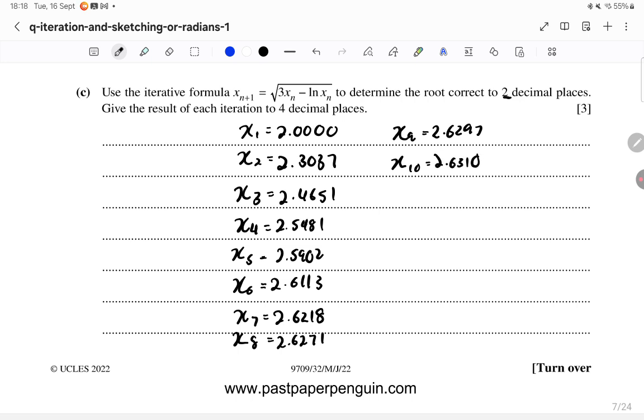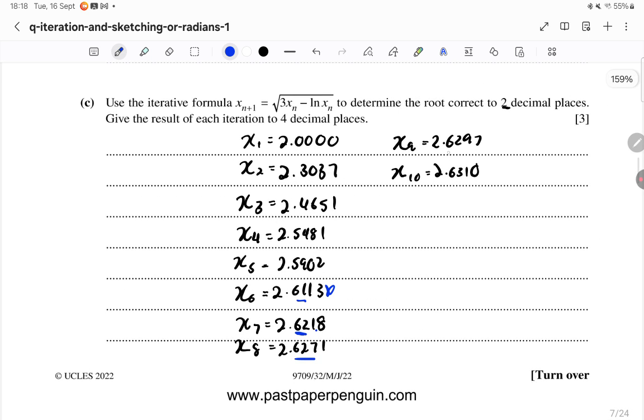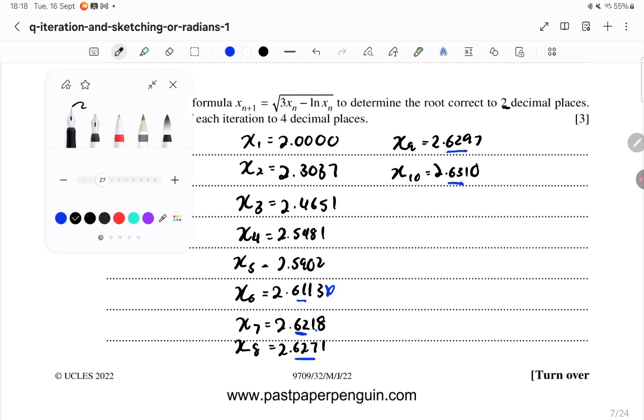Let me just check back again. So it's 2 decimal places, right? We see that we have a lot of 2.6, so we're going to look at them more closely. 2.61, 2.62, 2.6263. Okay, 2.63 we're getting here. 2.63 again. Oh, so they're all rounding off to 2.63.